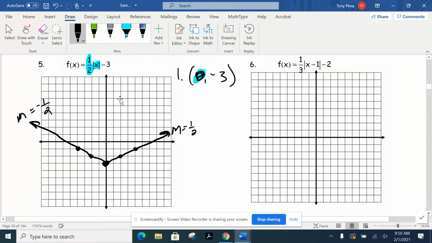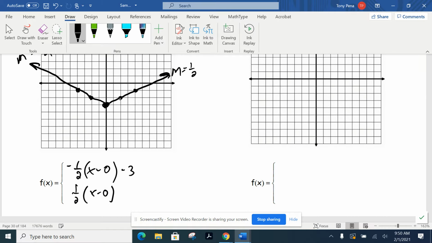And if we use the y coordinate of negative 3, minus 3, minus 3, since this vertex has the x coordinate of 0, anywhere to the left over here is less than or equal to 0, and then anywhere we have this positive 1/2 slope are all x values greater than 0.